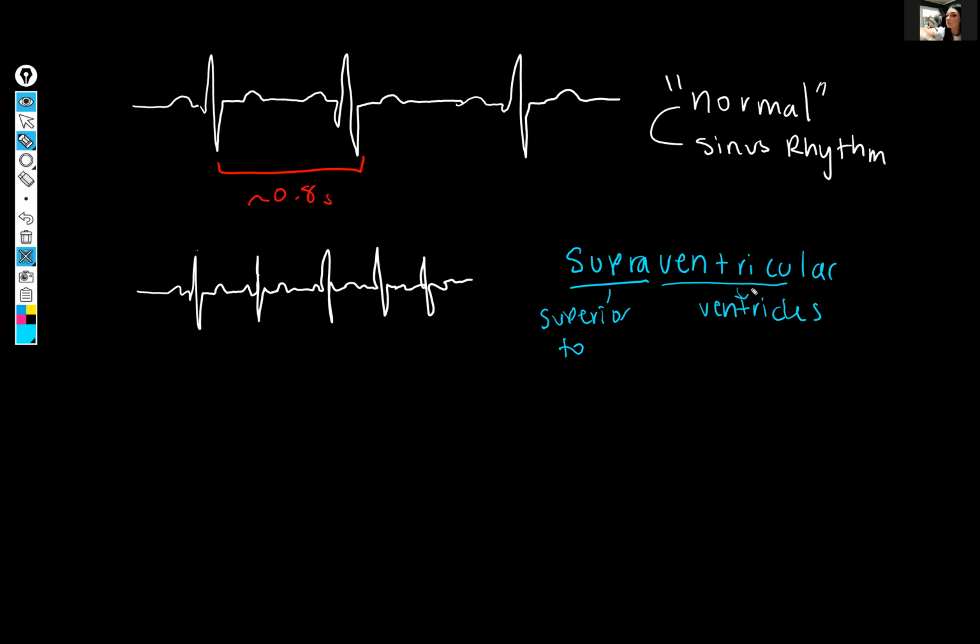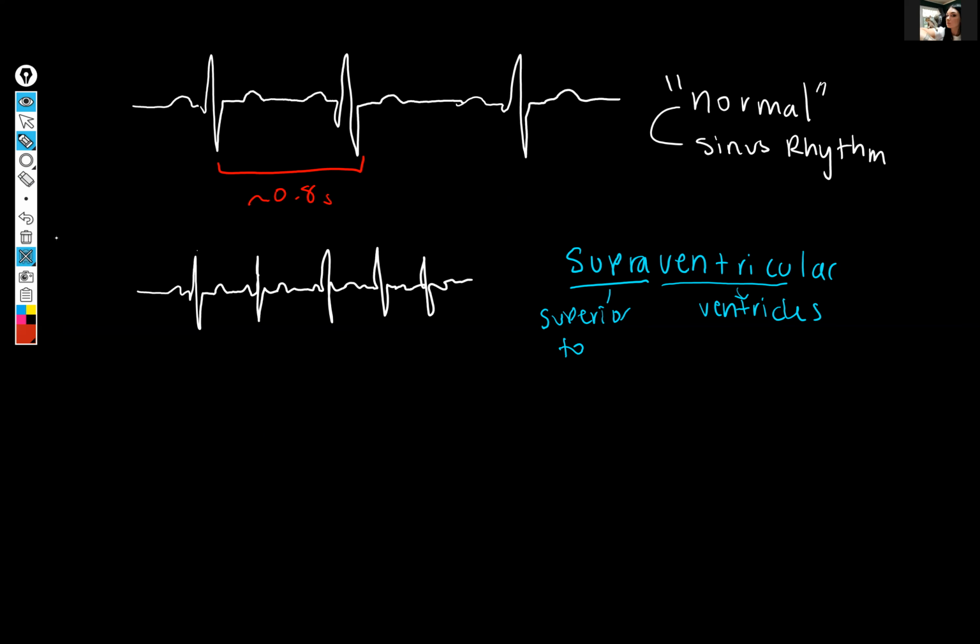So SVT, or supraventricular tachycardia, describes two things. The tachycardia portion of the word describes the heart speed, so too fast, and the supraventricular part of the terminology refers specifically to what part of the heart is malfunctioning to cause that.